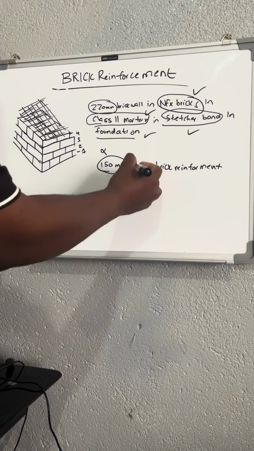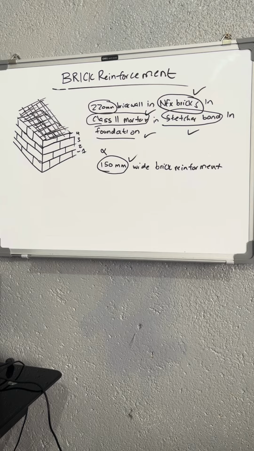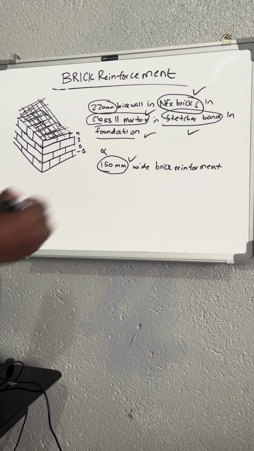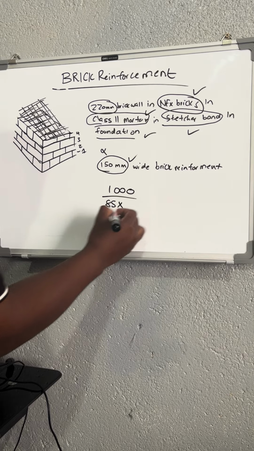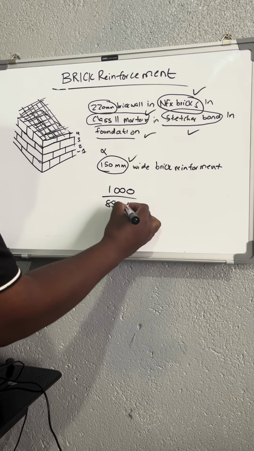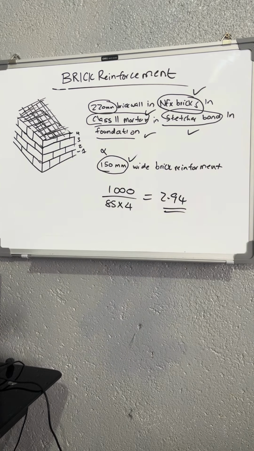Then after that, you talk about the type of brick reinforcement that is going to be used. Then after that, it's that 1000 by 85. If it's fourth or fifth, you put the number here, then you work out that number. Then this is the number that you're going to use as that factor.